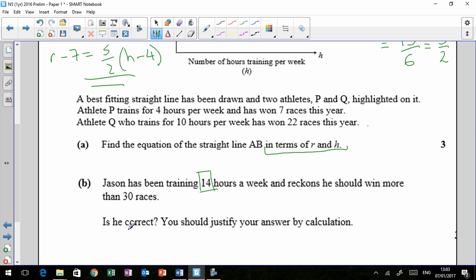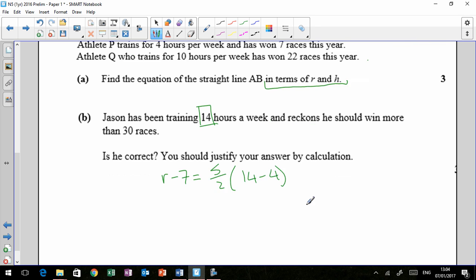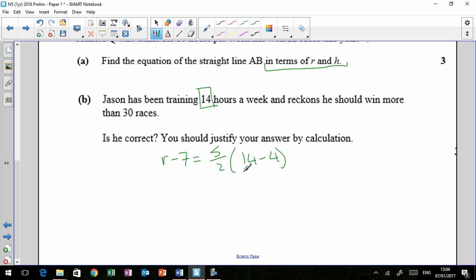So we've got a thing to check here. 14 hours a week, you should win more than 30 races. Let's take out h and put in 14. So r minus 7 is going to be 5/2 of 14 minus 4. Then calculate this. 14 minus 4 is 10.